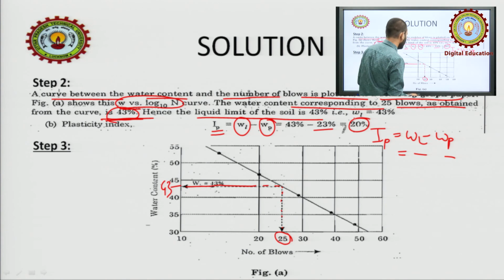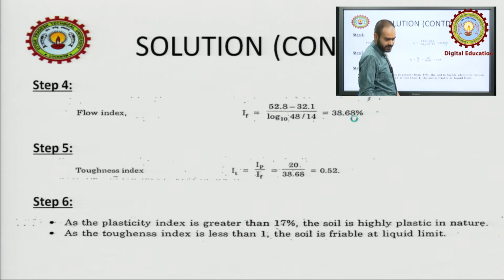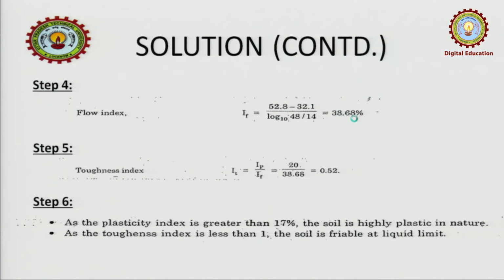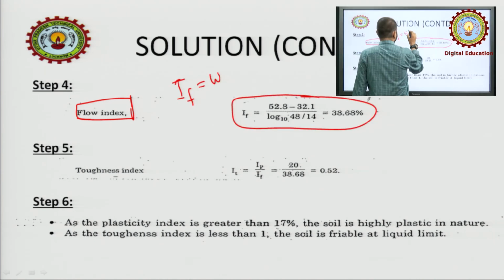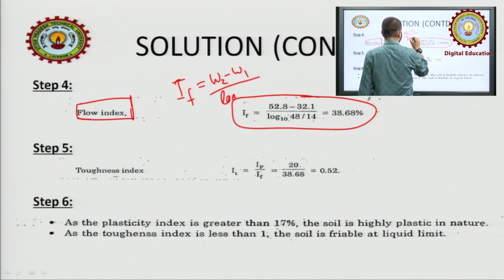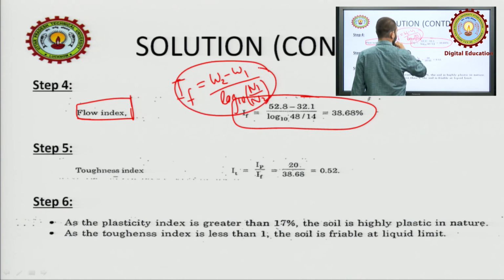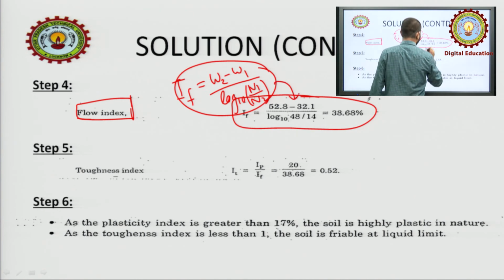Then we have to find the other indices such as flow index. What was the flow index formula? IF equals W2 minus W1 upon log base 10 of N1 by N2. So, we have used it here. Let us see.